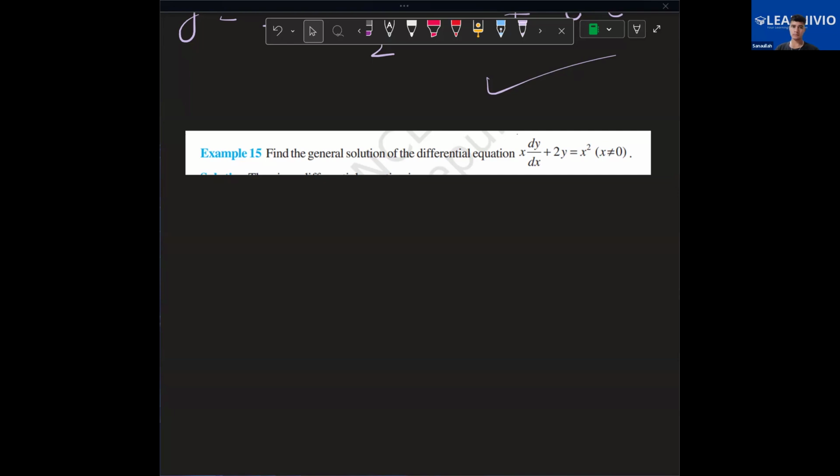So, is this clear? What's the answer? y is equal to x squared by 4 plus c.